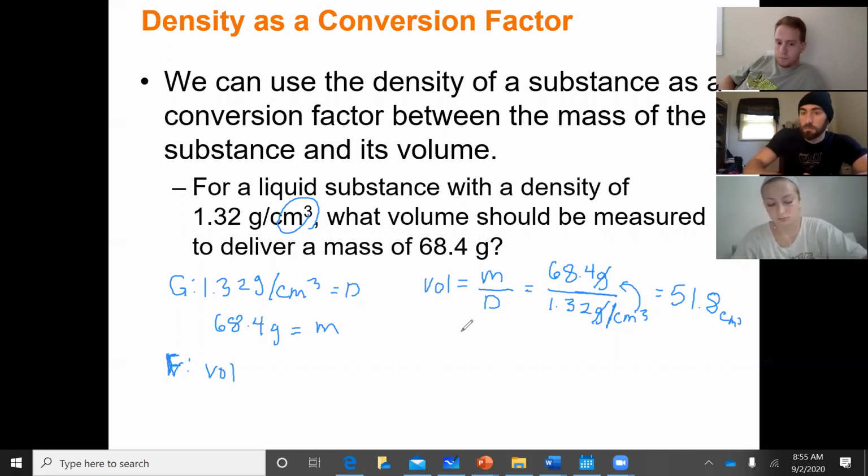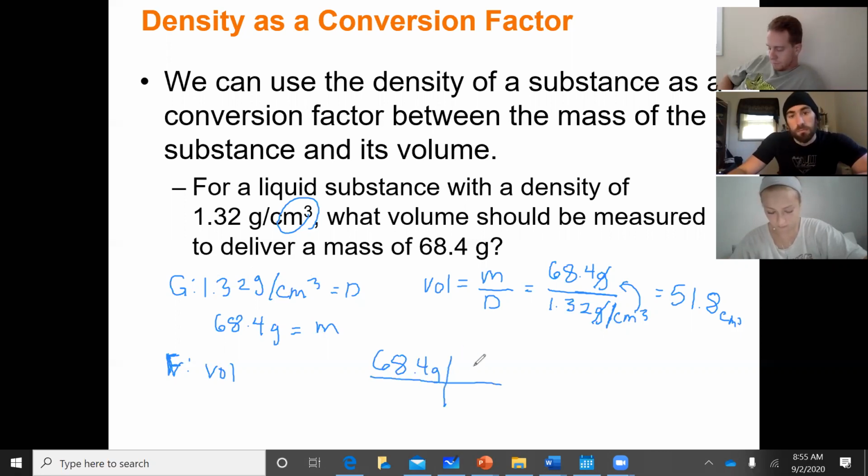Another way you could technically do this is to use density here, this thing, as a conversion factor. So I start with my mass, 68.4 grams, and I plug it into dimensional analysis where I'm going to use the density as the conversion factor.